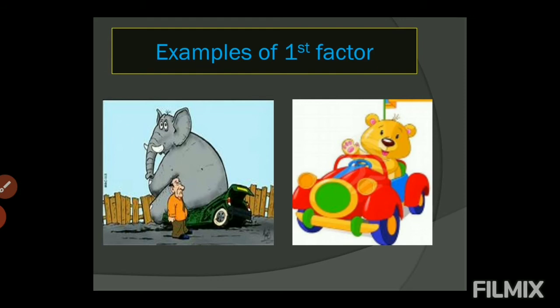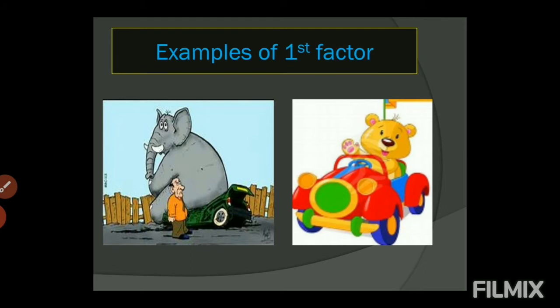Let us understand this using this picture. This picture shows the thrust applied by an elephant and a bear. The teddy bear is able to apply less force or less thrust on the car, and so he is traveling and having fun on the car.